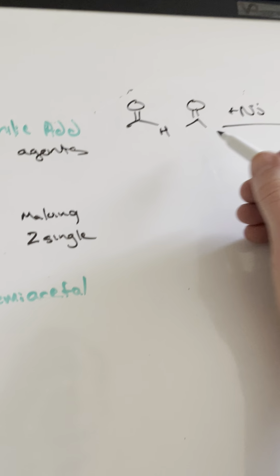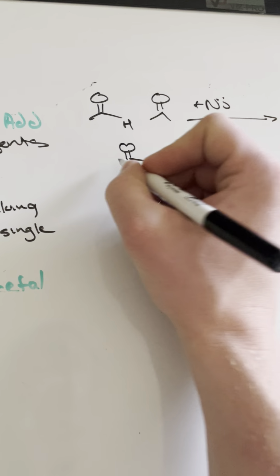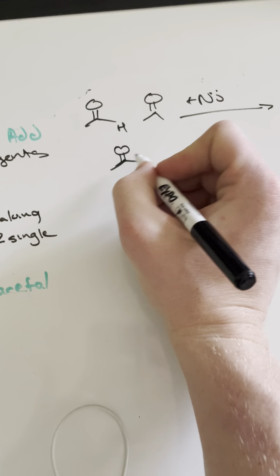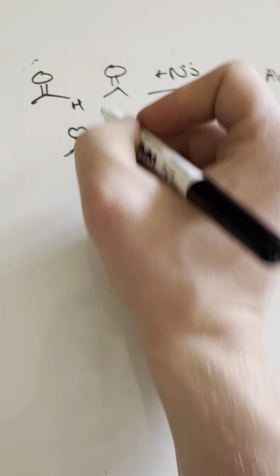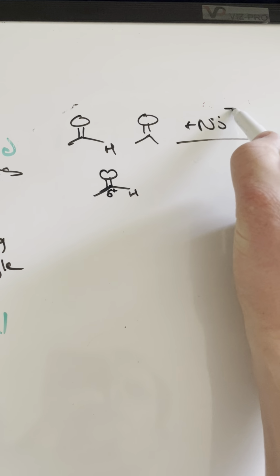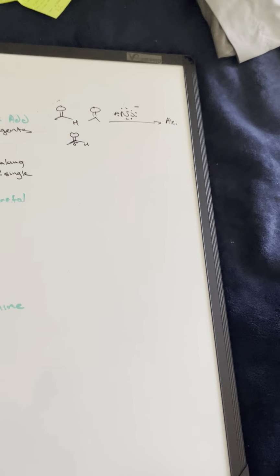But pretty much what's going to happen, we will just use an aldehyde, is that this oxygen is going to pull the electrons away from this carbon, right? Because it's more electronegative, making it partially positive. And then this nucleophile is going to be a nucleophile, so it wants the nucleus, which is positively charged, so it's going to be negative because opposites attract.